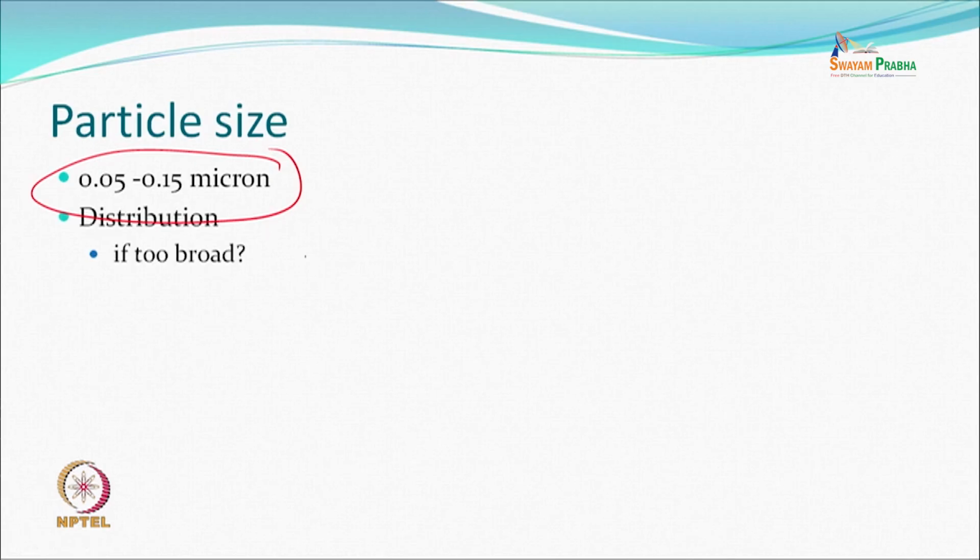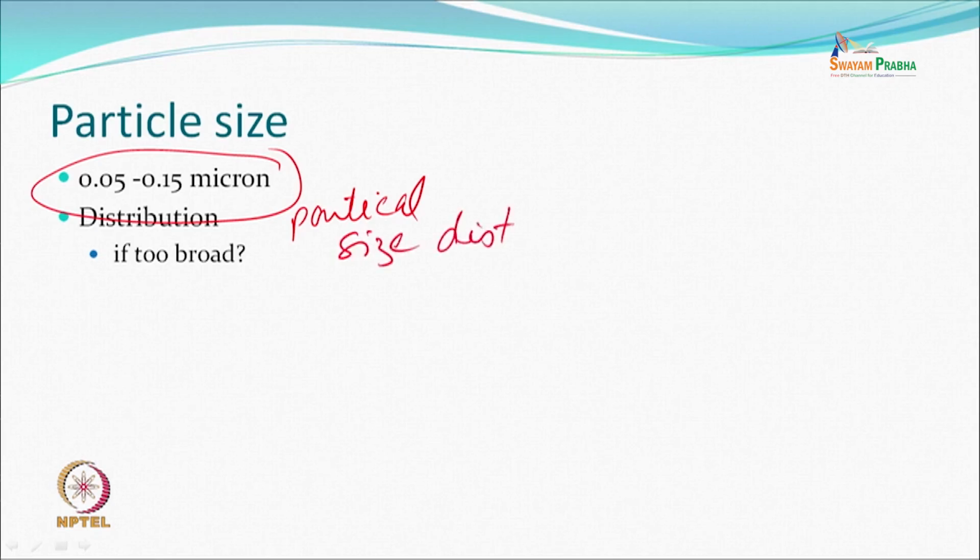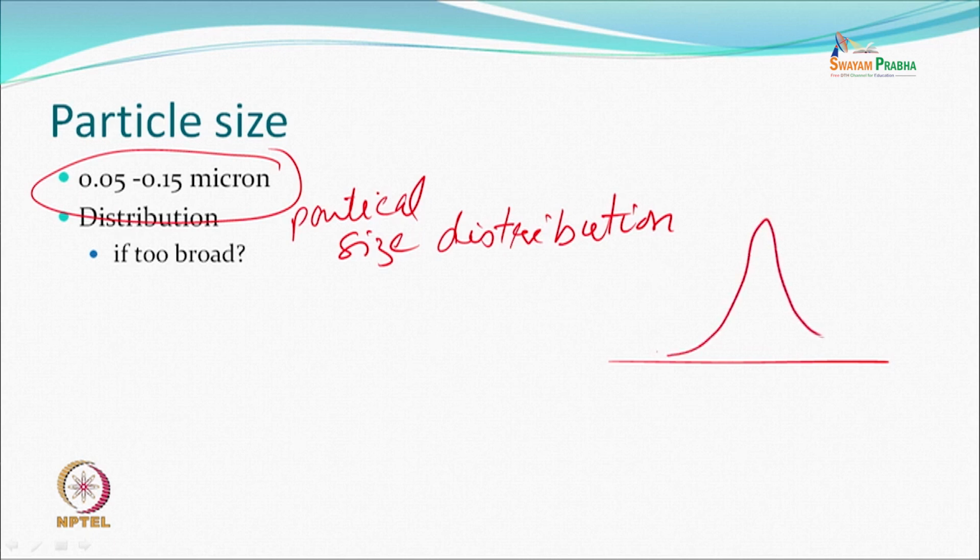Distribution of particle size. So, particle size distribution we are talking about. You can have a very sharp, narrow distribution, or you can have a broad distribution.